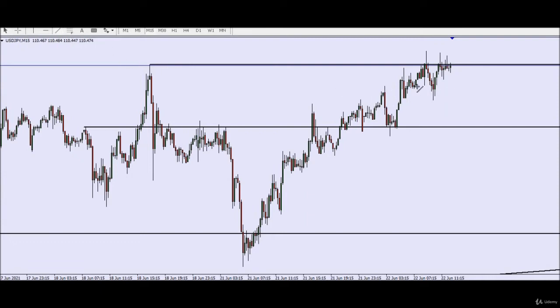If we don't care about the very small levels, we can await that the price will go down here.